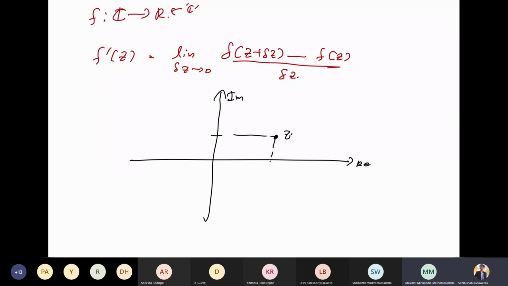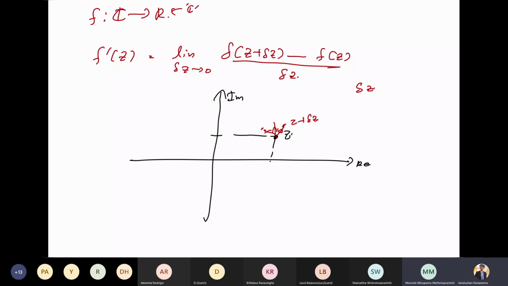So it means you can have many ways. You can go in this direction, delta is this distance, or this distance, any way you can go. But no matter how far you go, you get the delta z. It means delta z itself is a complex number, right? You can have, let's say, this is z plus delta z, or you can have this way, because depending on the argument of delta z, this direction will change.